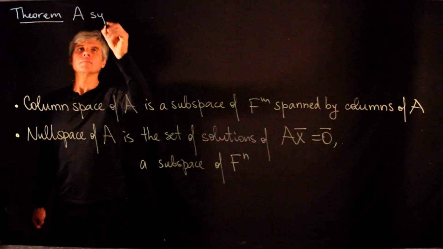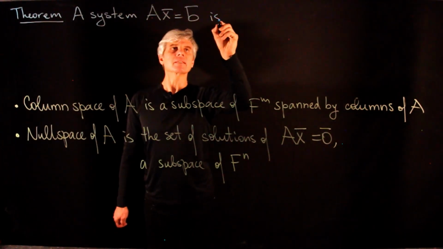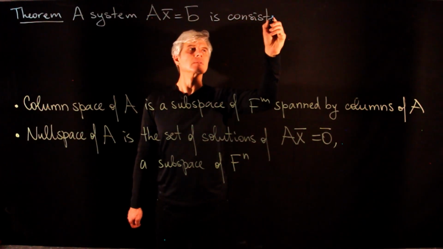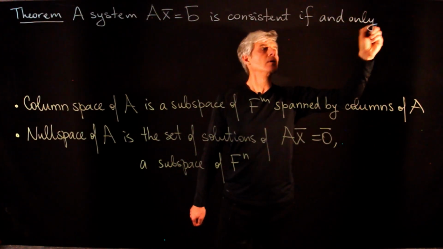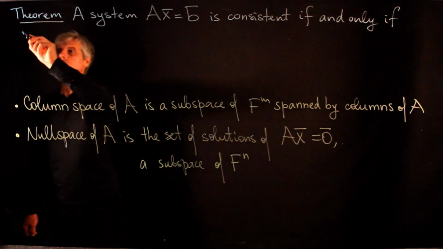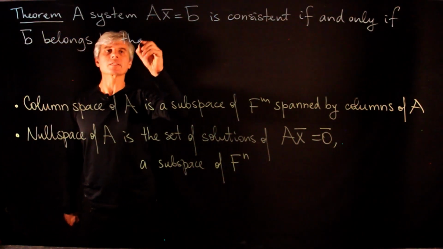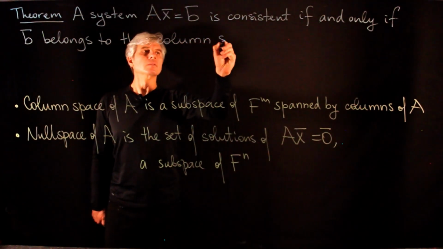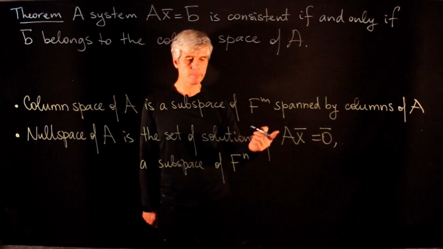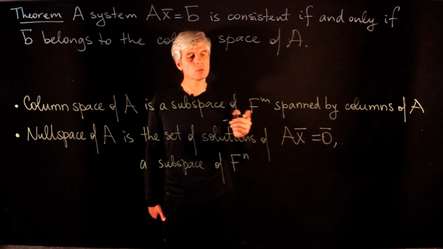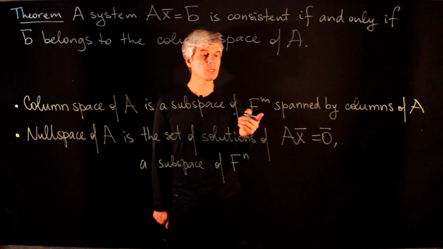A system AX equals B is consistent if and only if B belongs to the column space of A. We see that B is a vector that has m components, so it lives in the space Fm, and the column space is a subspace in Fm.